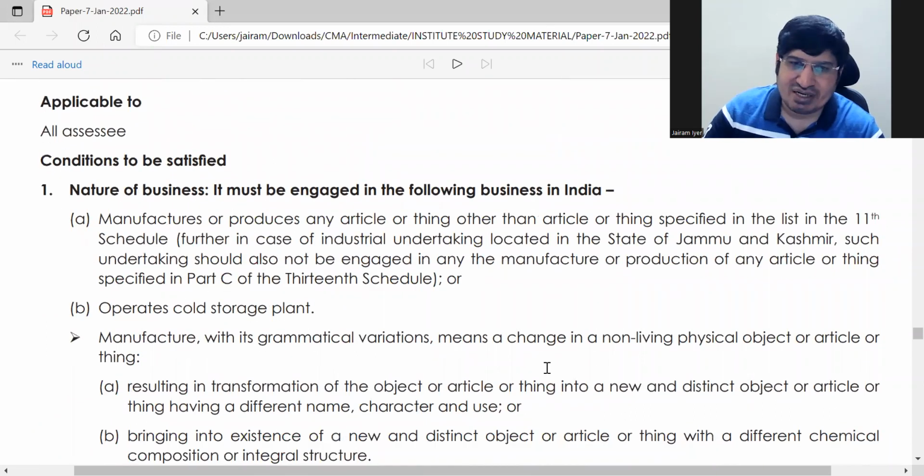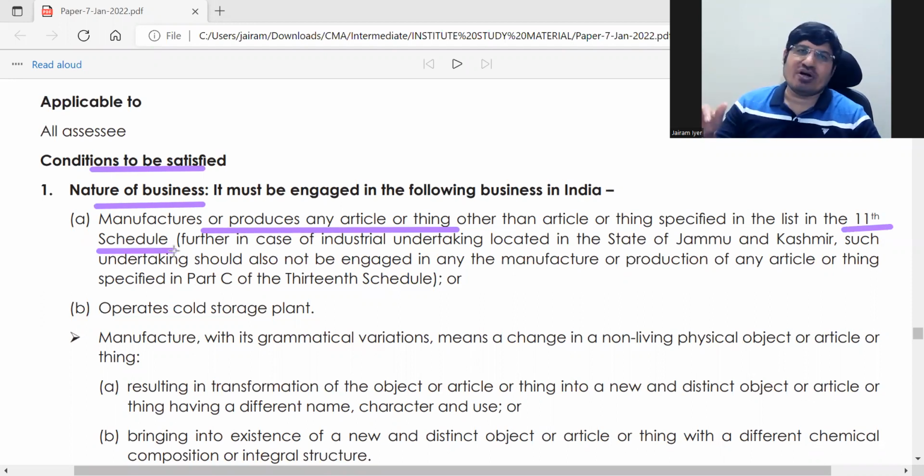Conditions to be satisfied. Now this is important. The nature of business should be: manufactures or produces an article or thing. It has to manufacture something, but exclude 11th schedule items. The 11th schedule items are little low priority manufacturing.